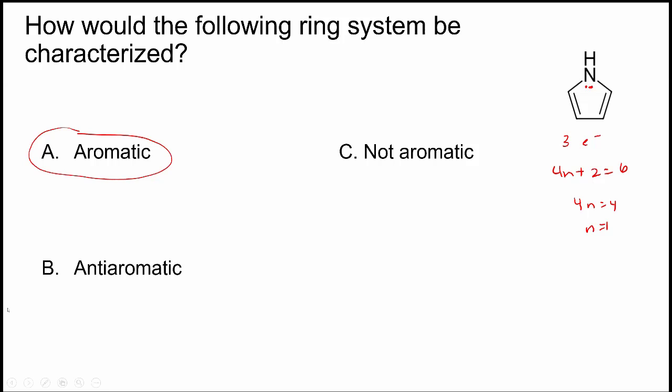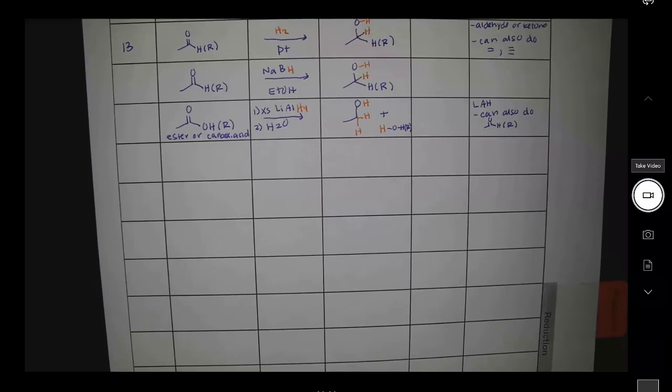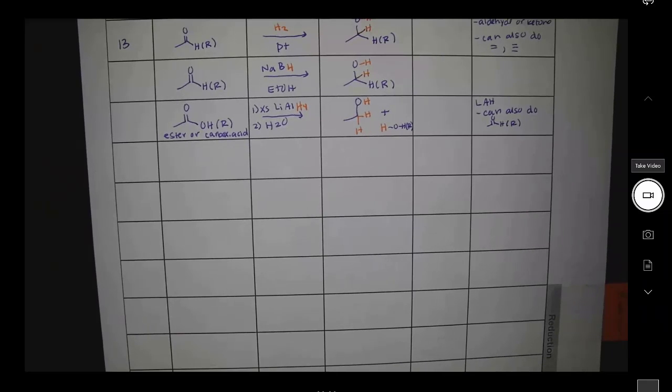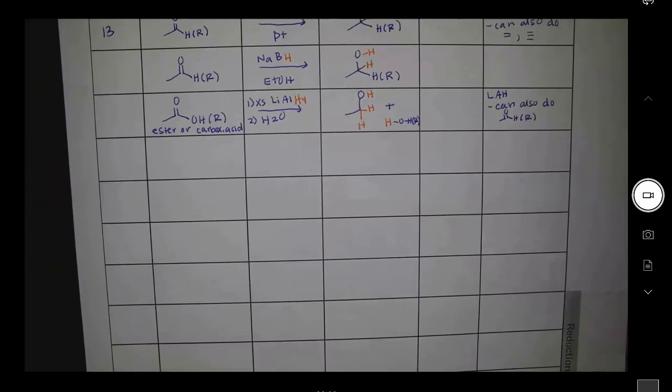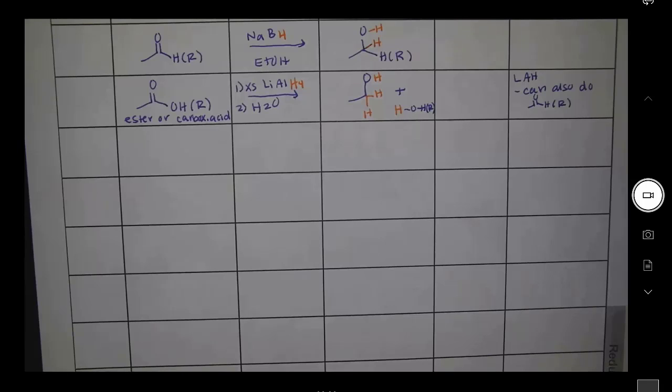Okay, so I'm going to switch gears. We have reactions to add to our reduction page, which is, for me, page 19. And this might be out of order from what we did in the lecture notes.